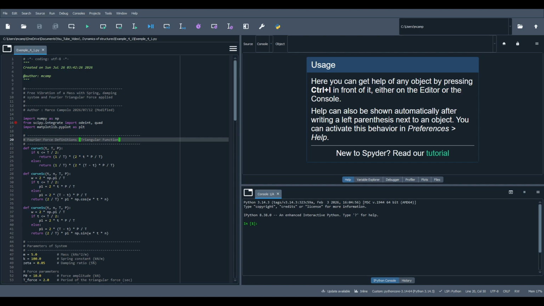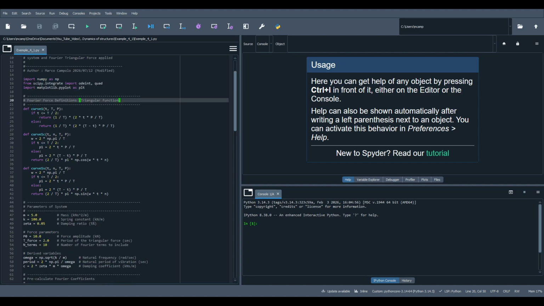In lines 15, 16, 17 there is the import of libraries. The first is numpy, for numerical operations, array handling, and mathematical constants. From scipy.integrate we import odeint for solving the ordinary differential equation, and quad for numerical integration. Then matplotlib imports the pyplot module for generating graphic visualization.